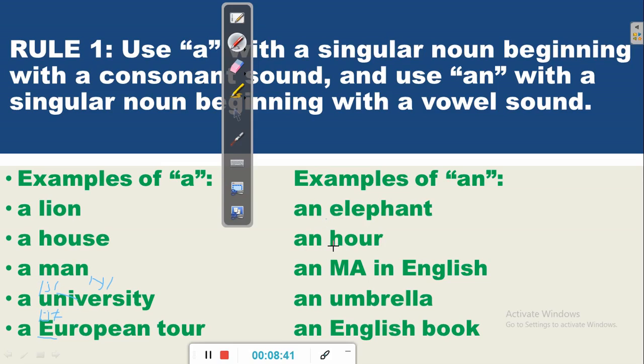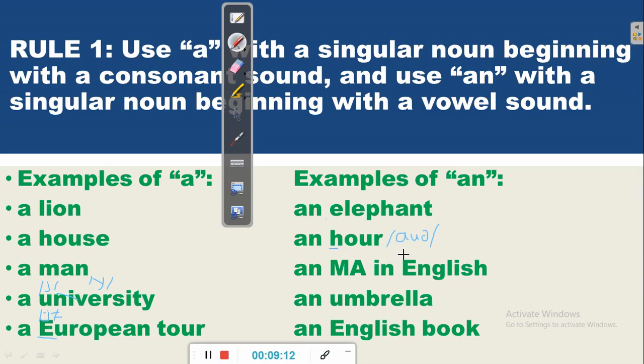Again, here you see that although H is a consonant letter, it is actually a vowel sound. What we have in hour is a diphthong beginning with ow. Then we add the schwa sound, and that gives us hour.